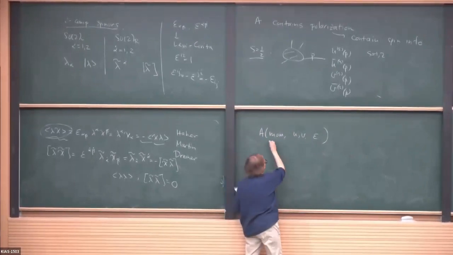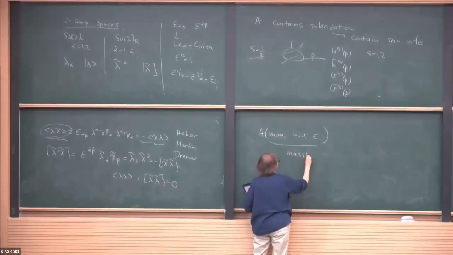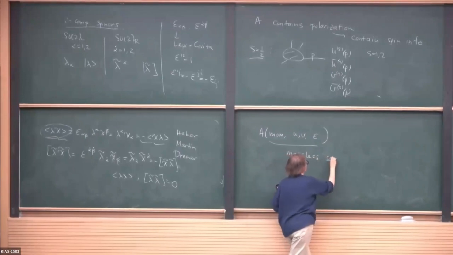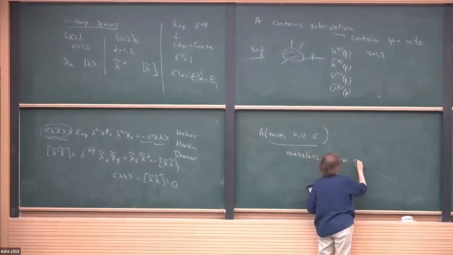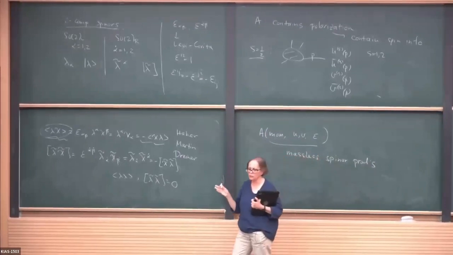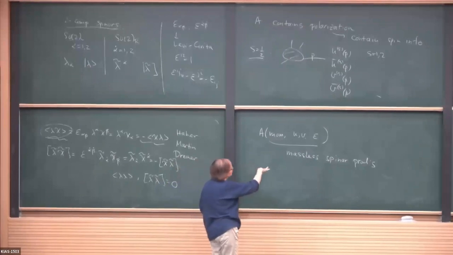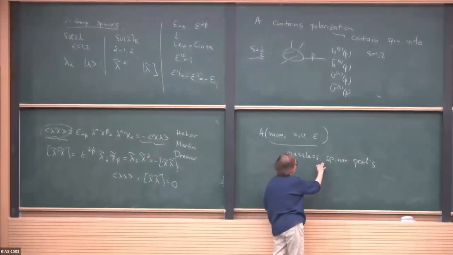We can also write the whole thing in terms of massless spinor products. There are other things that people use, like twistors and momentum twistors, but each one of these has certain advantages.